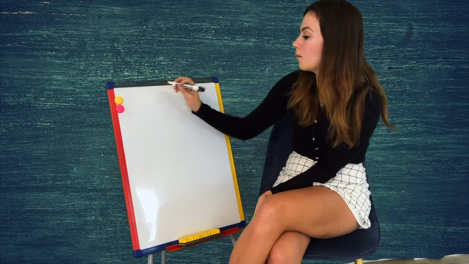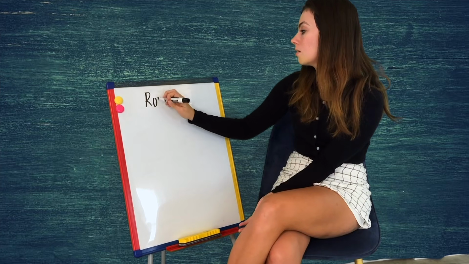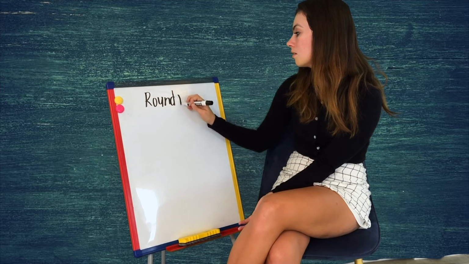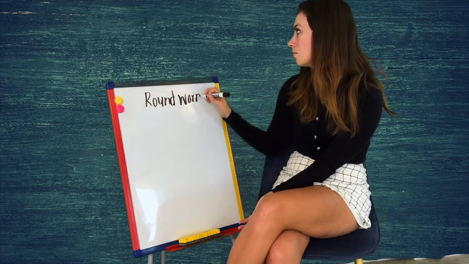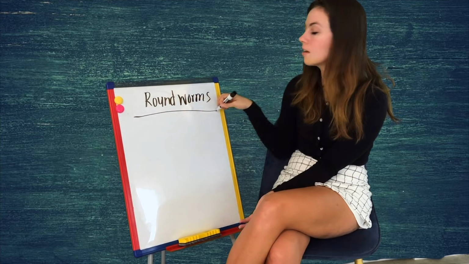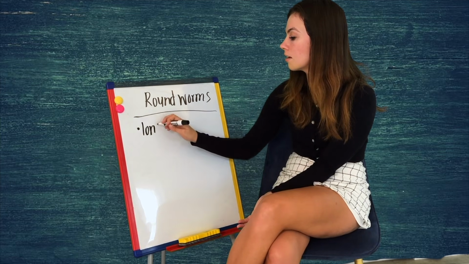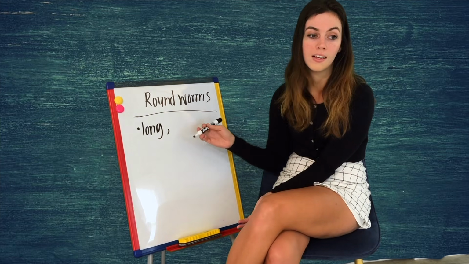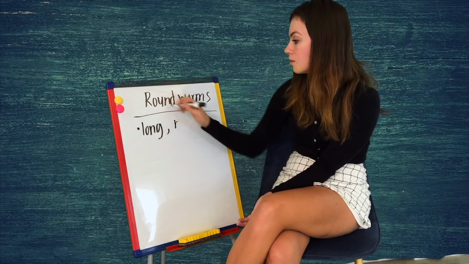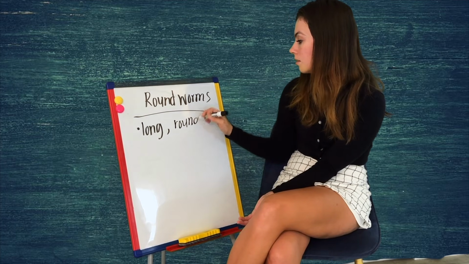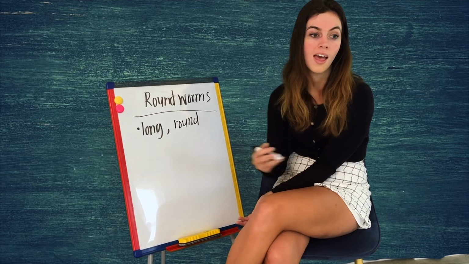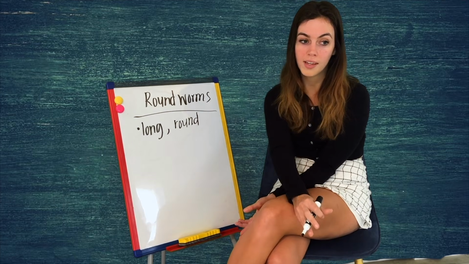So we also have roundworms. So roundworms are long. They also have round bodies, hence the word round. So long, round, and they come to a point.